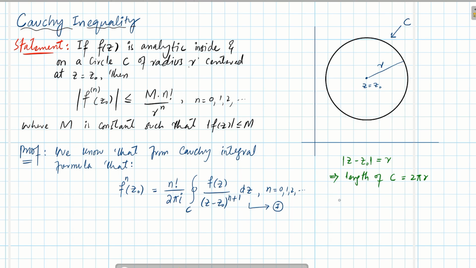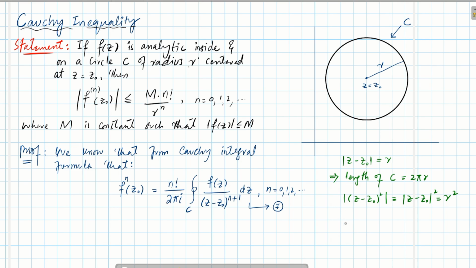Similarly, mod z minus z naught whole square is equal to r square.